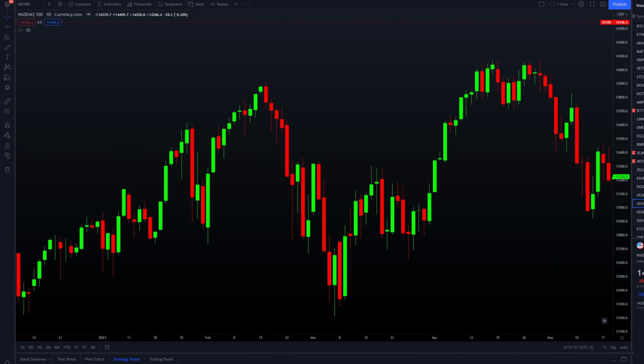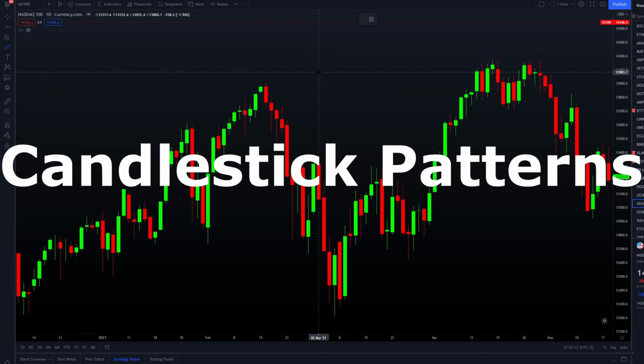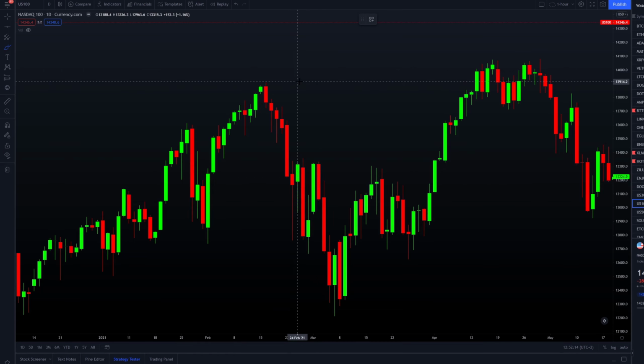So right now every candlestick is 1 day. And real quick before we wrap this video up, I just want to touch upon one more principle, and that is that we have something called candlestick patterns. Candlestick patterns are basically patterns where, just by looking at the candlesticks and how they relate to each other, we get signals that the price might reverse, signals that we might see a bounce, or even signals that the market is uncertain.